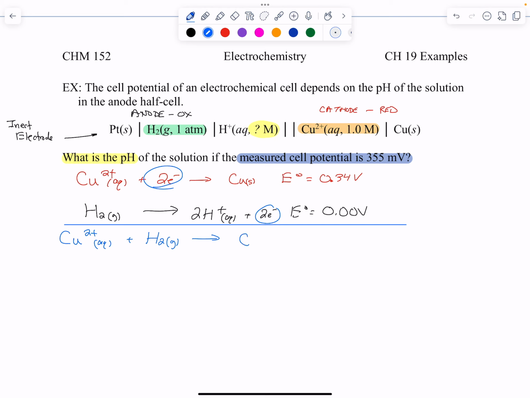We would get copper metal plus 2H+ in solution. And our standard potential is 0.34 volts. Our measured potential, E, is 0.355 volts, if we keep in volts.